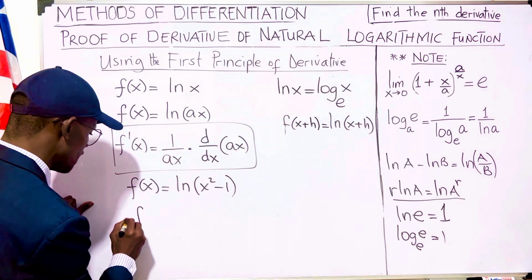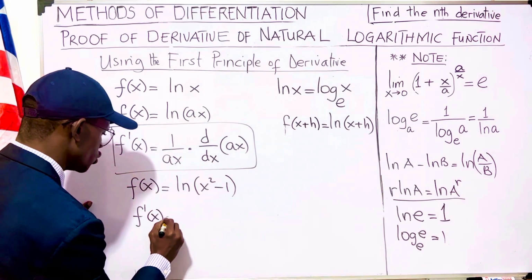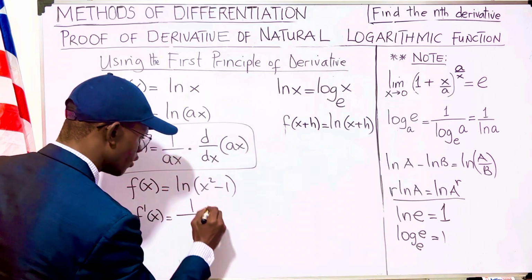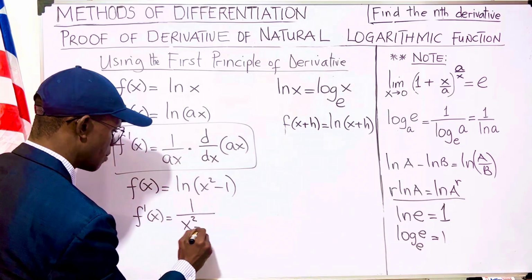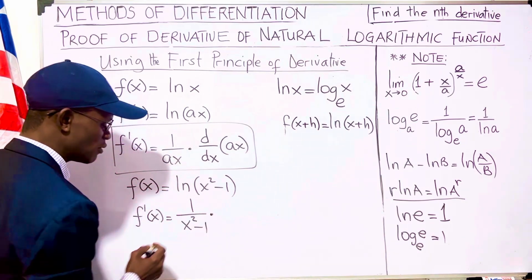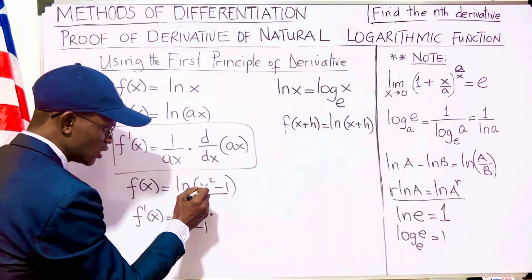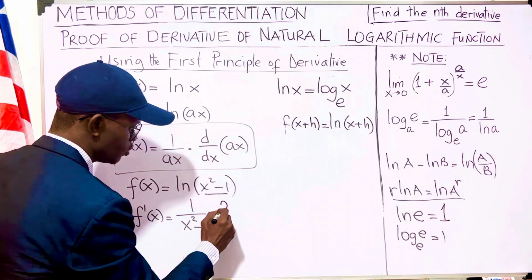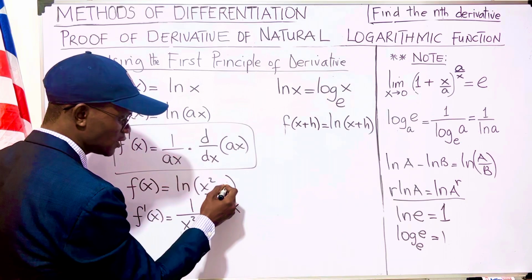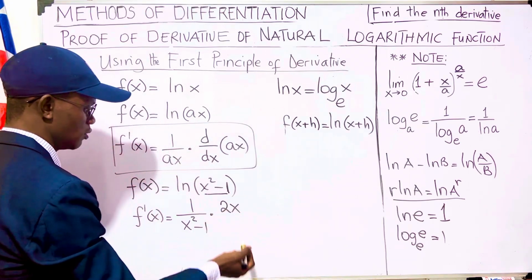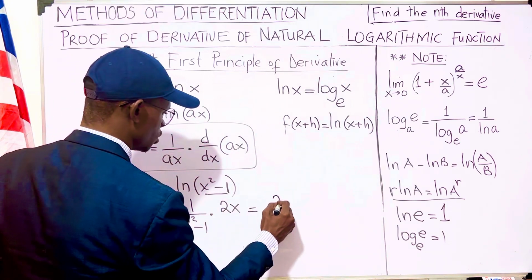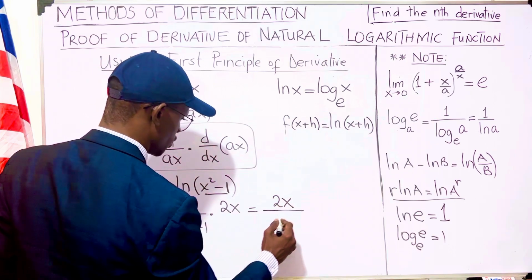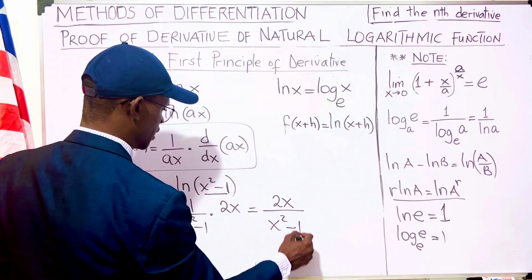Again, f prime of x should just be equal to 1 all over what is here, x squared minus 1, times the derivative of what is within. The derivative of x squared is just 2x. The derivative of a constant, this number, is 0. So finally, this will give us 2x all over x squared minus 1.